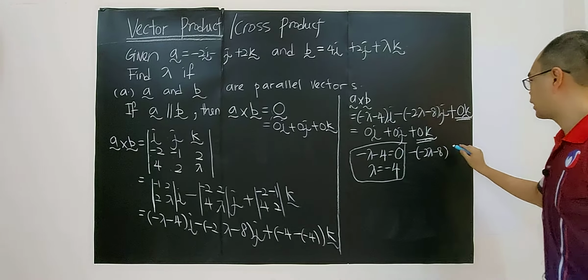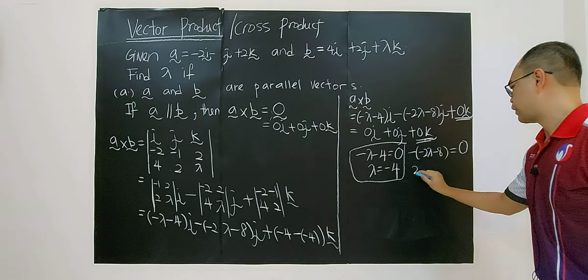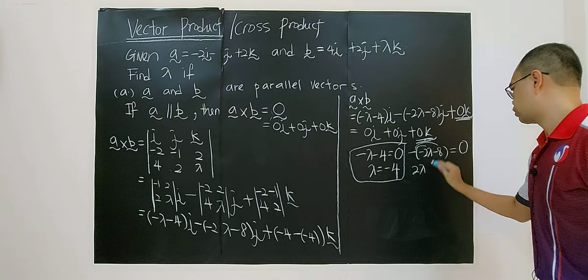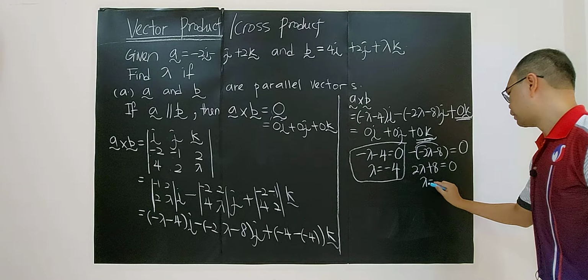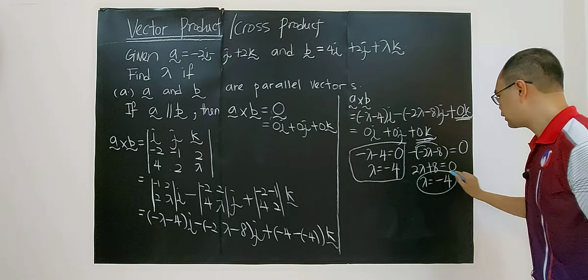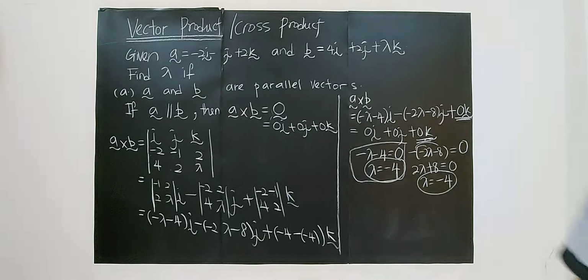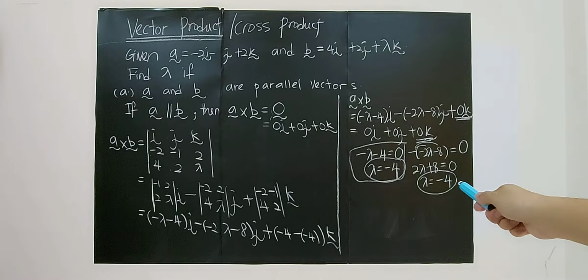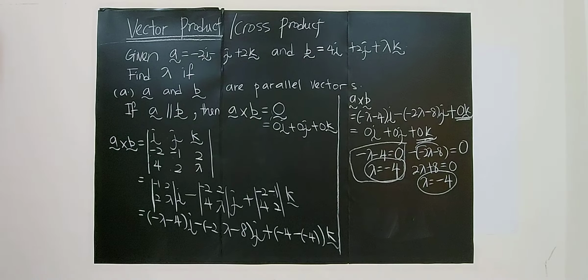This whole thing has to equal 0 as well. If you multiply the negative inside, you get 2 lambda plus 8, so lambda is negative 8 over 2, negative 4. You still get negative 4. So the value of lambda is negative 4 when the two vectors are parallel.